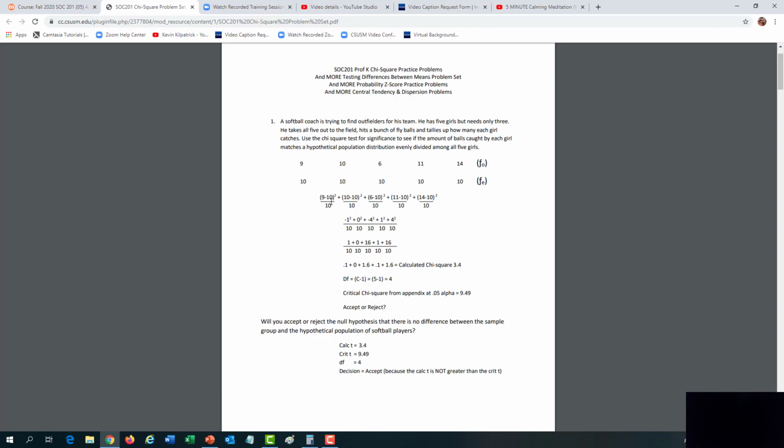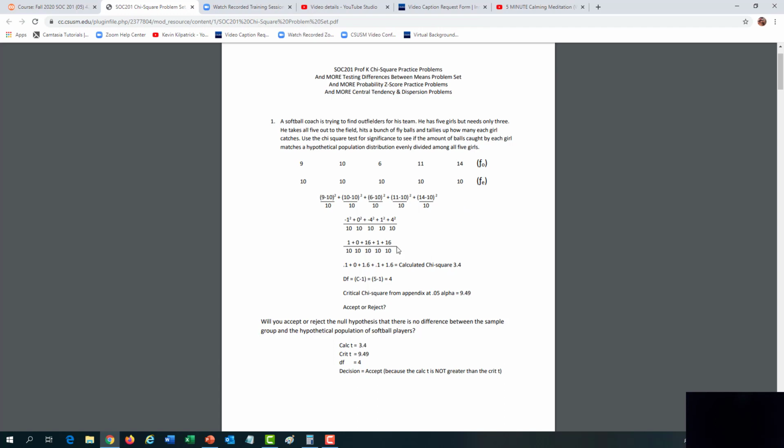So I have 9 minus 10. I'm going to square that result and divide that by 10. The second player has 10 for observed, 10 for expected. So 10 minus 10, I'm going to square that and divide that by 10. And again, down the line. The third player has 6, the fourth player has 11, and the fifth player has 14. So I set up all these fractions, and then it's just a matter of working through the problem.